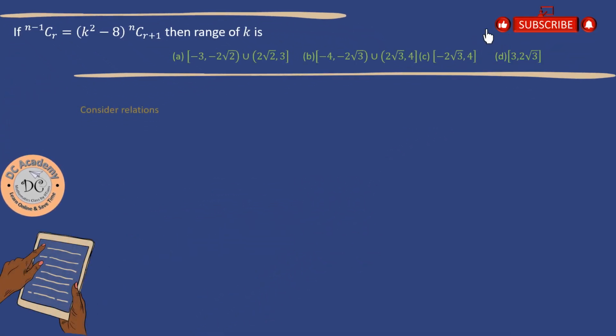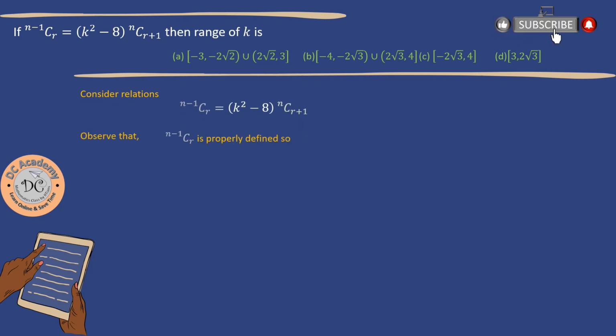To find out the range, we first consider the given relation. Now we observe that n minus 1 CR is properly defined. We know that NCR is properly defined when n and r are integers and n is greater than r.